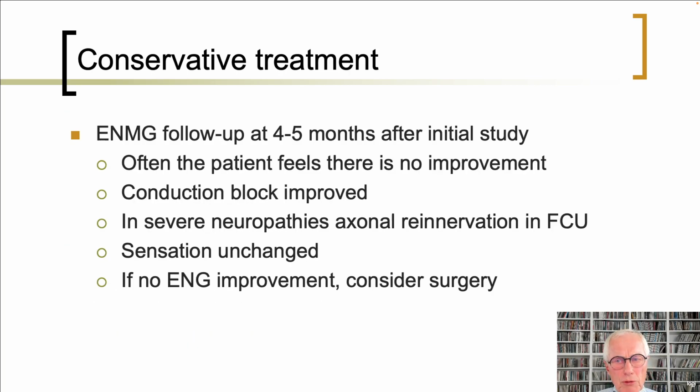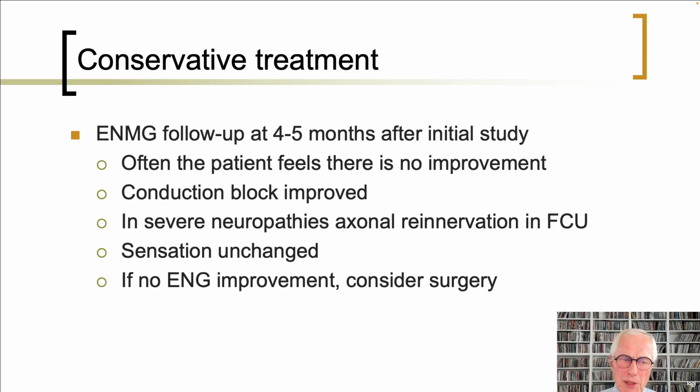If you follow conservative treatment, follow up the patient, and usually I like to see the patient for EMG about 4-5 months after the initial study, to see whether, if there was a conduction block, it improved, and we may see axonal reinnervation in the flexor carpi ulnaris if the neuropathy was severe enough.